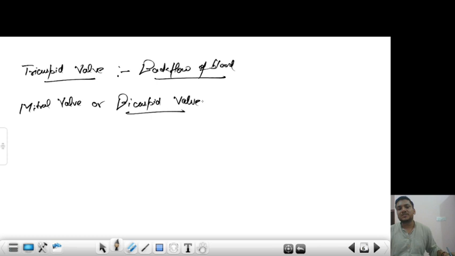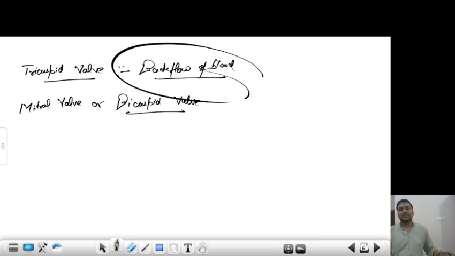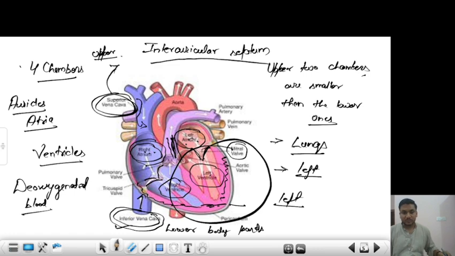The function of both these valves is to prevent the backflow of blood when the auricles pour the blood into the ventricles. Later we will study in the cardiac cycle.